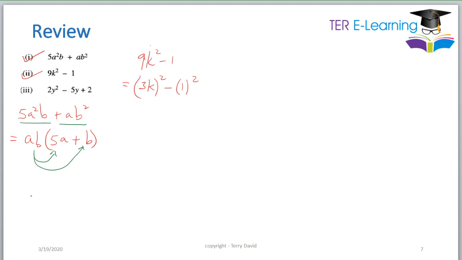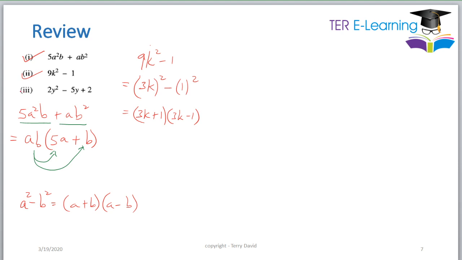And then we go back to what we know about the difference of two squares: a squared minus b squared is equal to a plus b into a minus b. So using that formula, it'll be 3k plus 1 in one bracket, and 3k minus 1 in the next bracket. So that is how we factorize 9k squared minus 1. It is the difference of two squares.